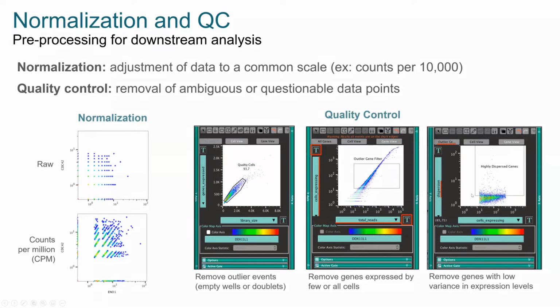And then we're going to want our highly dispersed genes, right? So off of our outlier genes, right in this sweet spot, where we want the genes that are expressed between most of the cells, take those genes and then ask which ones are highly dispersed. In other words, which ones show a lot of dynamic range of expression across the cells, right?